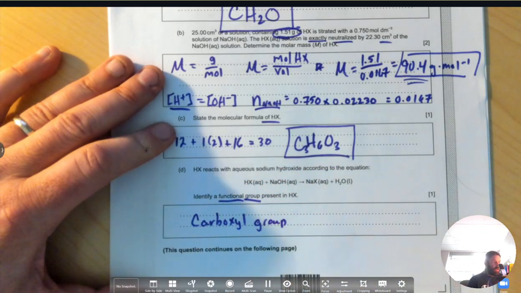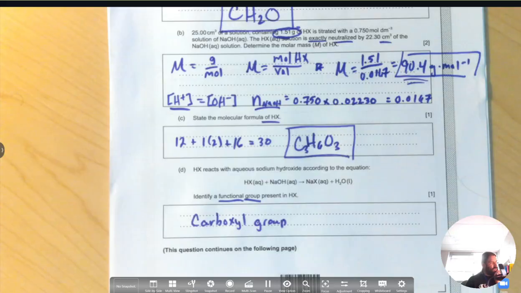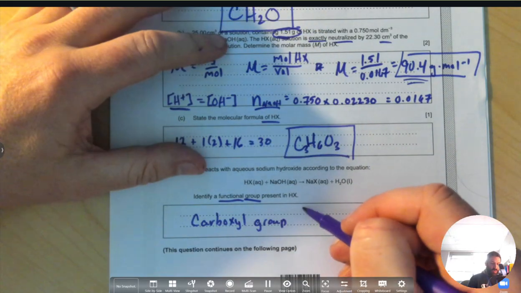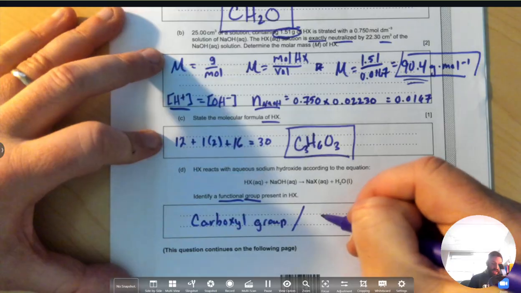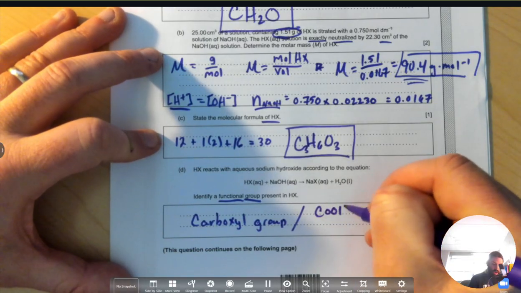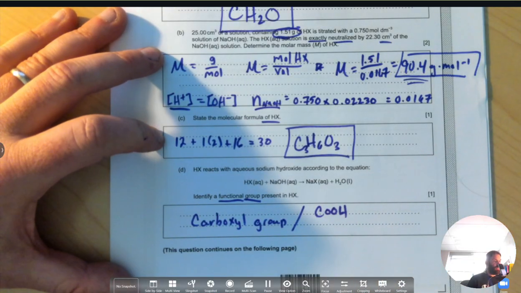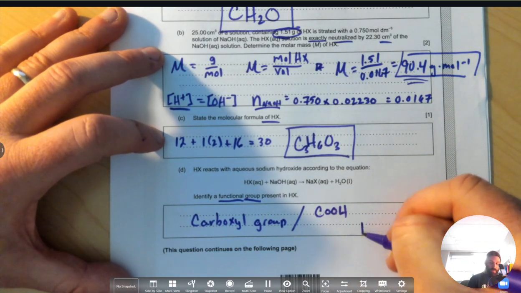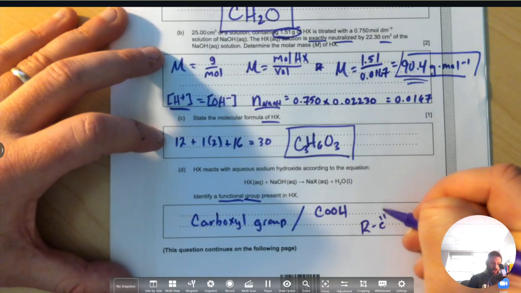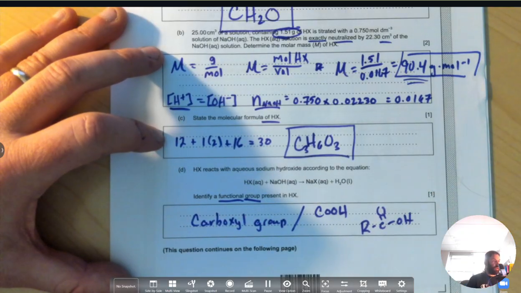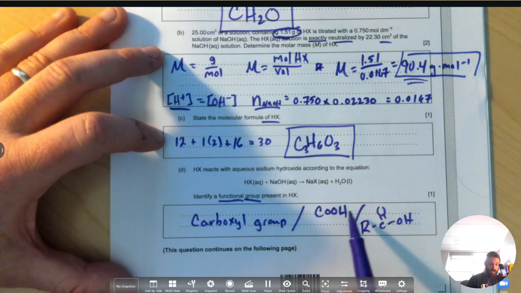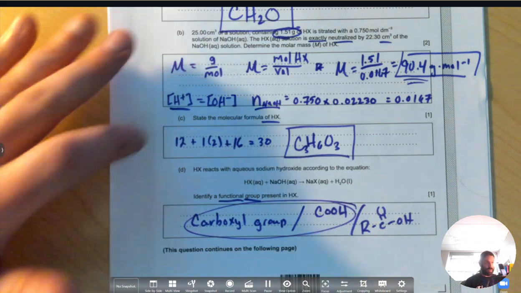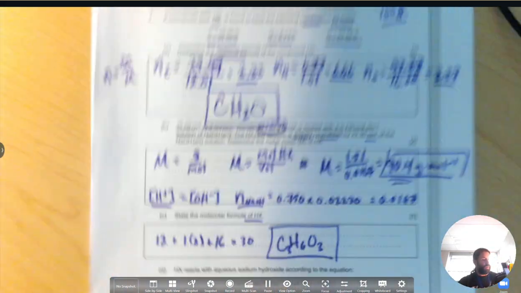Now, in the new curriculum, the IB wants you to get away from memorization. So if you know that each organic acid ends with the COOH, you could write that as well. Or you could maybe even draw out the structure, which is a carbonyl bonded to a hydroxyl. I'm assuming any one of these would give you the mark. Those two things are what were in the mark scheme, so we'll have to see.